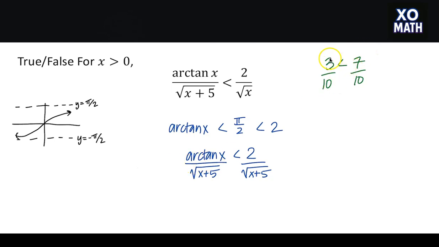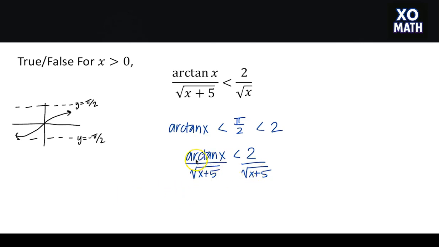Yeah, 3 out of 10 is less than 7 out of 10. But if those quantities were negative, that would change things, right? So it was important that these quantities will always be positive for any x greater than 0. Okay, so we're getting there, potentially showing this is a true statement.